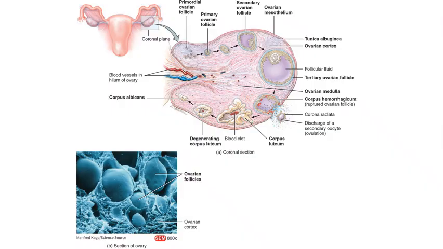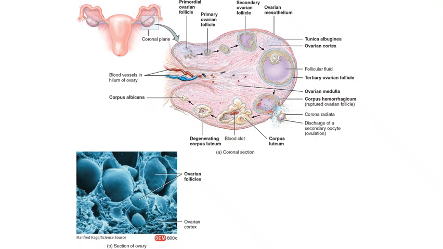Ovarian follicles are in the cortex, and they consist of oocytes in various stages of development, plus all those cells that surround them. These oocytes are immature egg cells, and when the surrounding cells form a single layer, they become known as follicular cells.